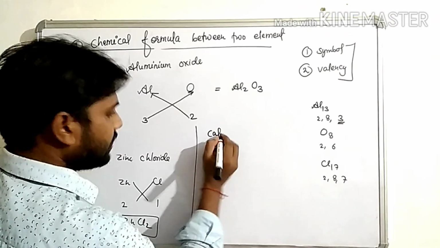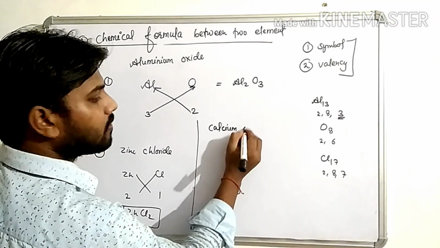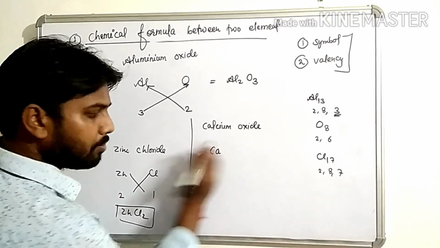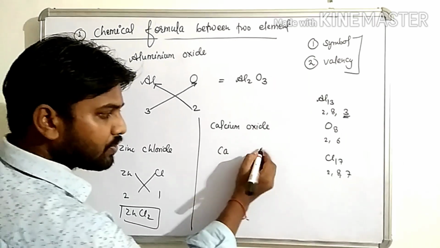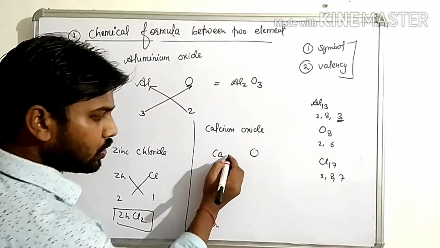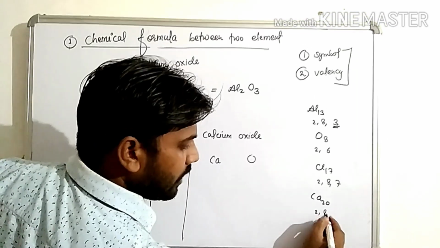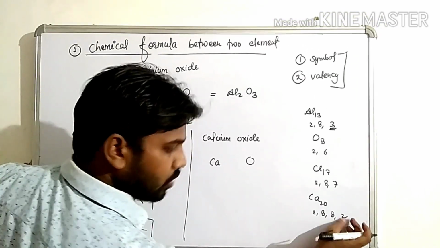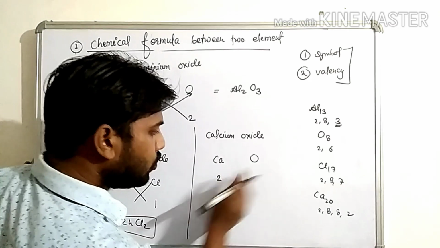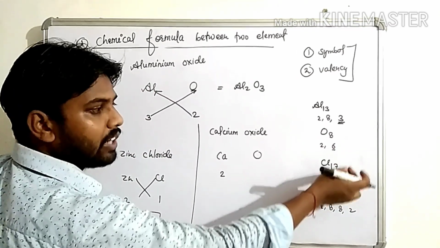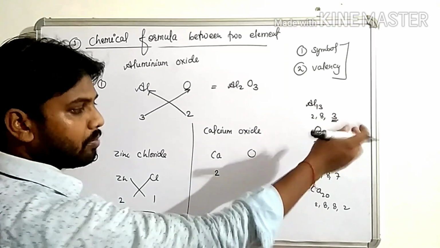Calcium oxide. Calcium, separate its symbol Ca. Oxide comes from oxygen. Calcium is 20: 2, 8, 8, 2. Valency is 2. Oxygen valency is also 2 because we subtract 6 from 8.